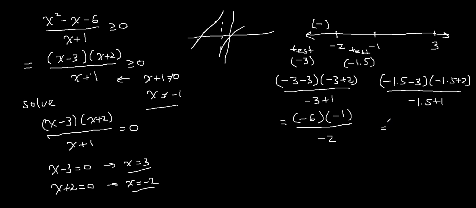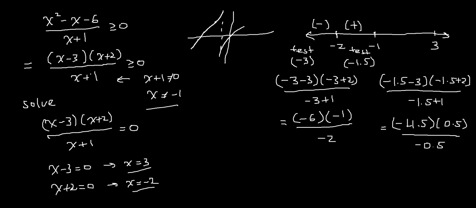This gives you negative 1.5 minus 3 is negative 4.5, times negative 1.5 plus 2 is 0.5, over negative 1.5 plus 1 is negative 0.5. So a negative over a negative will give you a positive, times a positive is a positive.